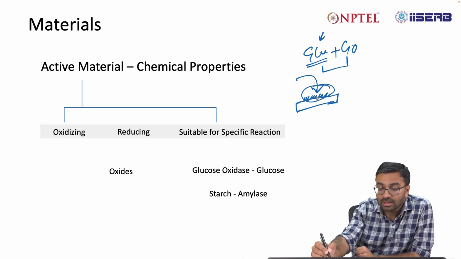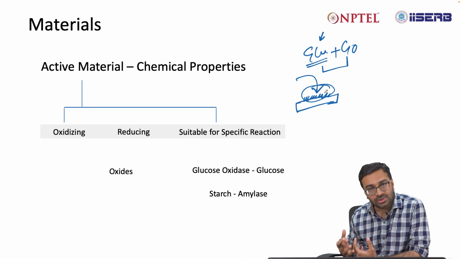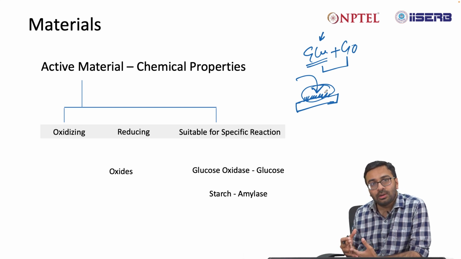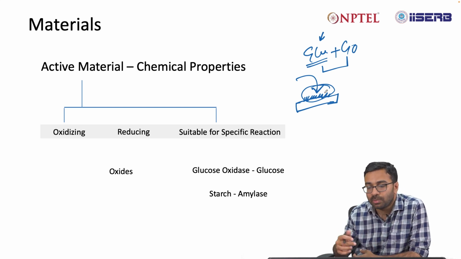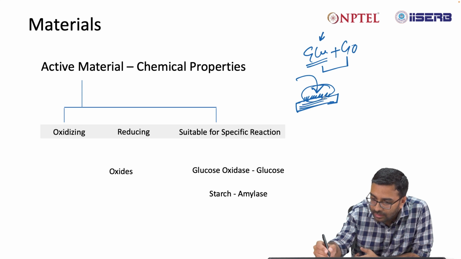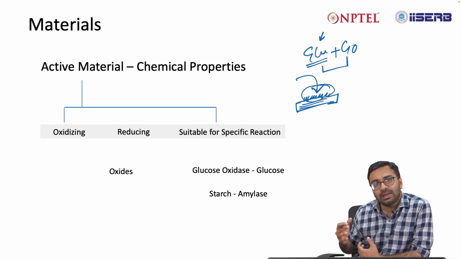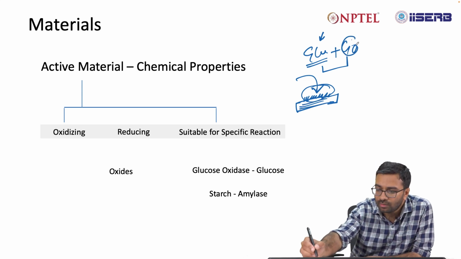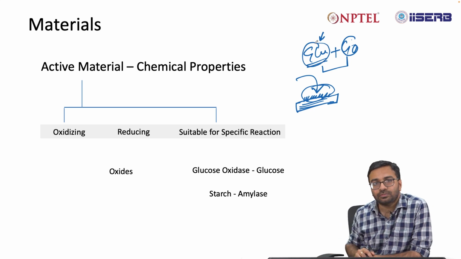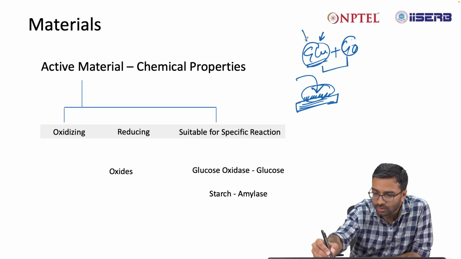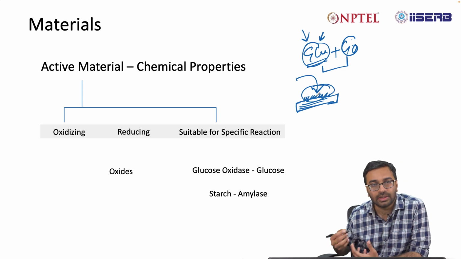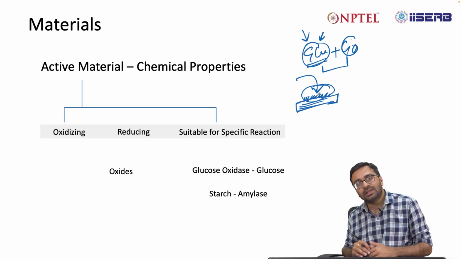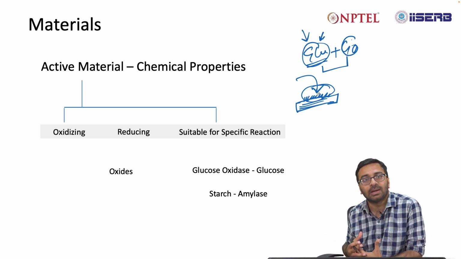This reaction will give you some sort of charge transfer, or it will change the electrical property of this active material. That again you can calibrate with the concentration of glucose, because if you increase the concentration of glucose, the reaction also will increase. So this is, in a simple way, an example I am trying to give you.